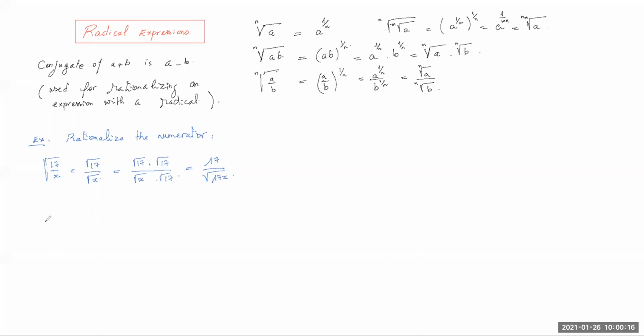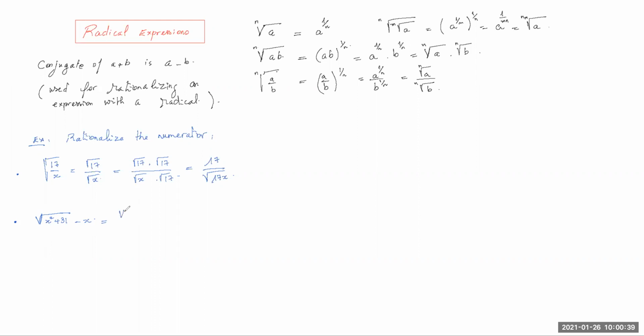What about if I have an expression like this one, square root of x² plus 31 minus x, and the question is the same: rationalize the numerator. I can see this expression as a fraction by dividing by 1. So the idea is to use the conjugate expression.